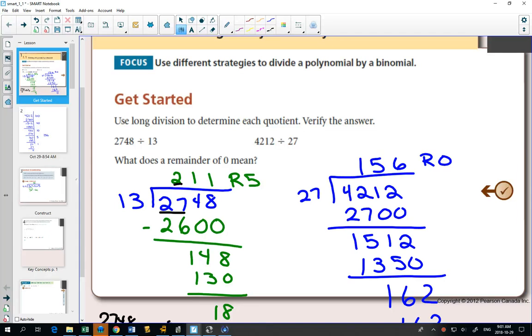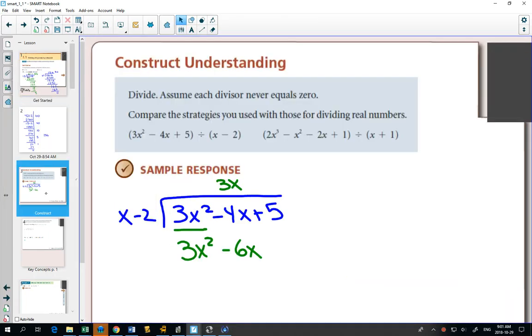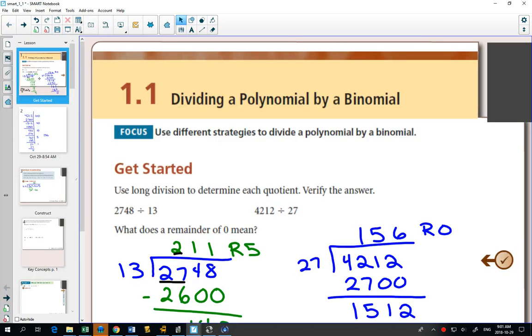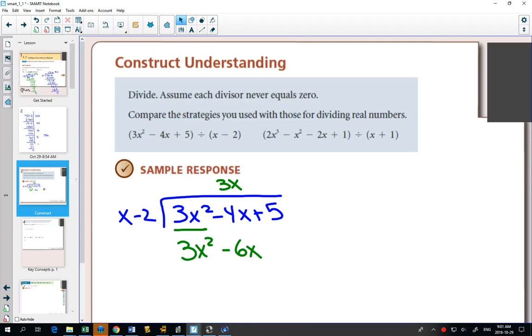That got us as close as we could. In algebra, you'll always be able to get that first number exactly. What would I need to multiply x by to get 3x squared? I need to multiply by 3x. And then if we think about what did we do next in our long division? After we got that 2600, we subtracted. So in algebra, we do the same thing.